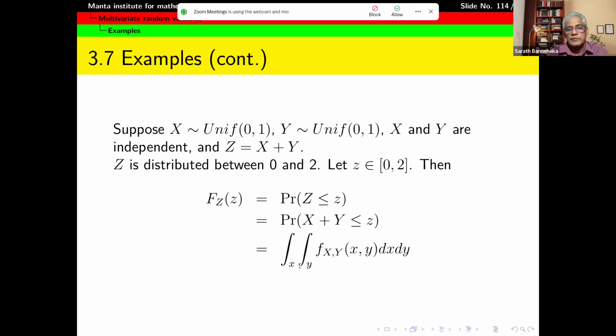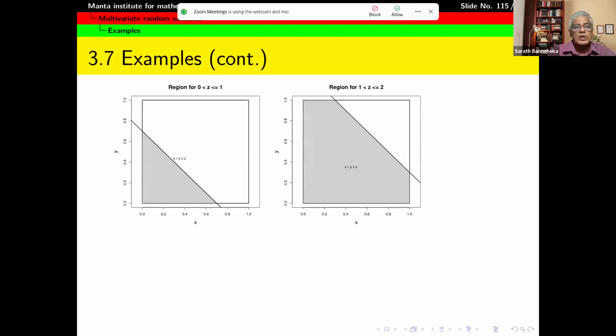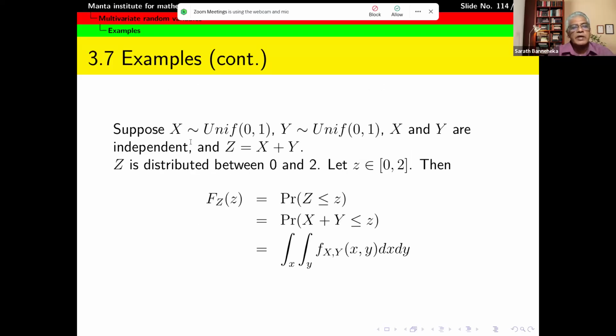Right? So in order to understand what that area should be, we should be integrating over a certain area here. So we will look at the support of the joint density, right? The joint density here will be equal to the product of individual densities because X and Y are independent. So if the density of X is 1 in the interval 0, 1, and the density of Y is also 1 in the interval 0, 1, then the product is also going to be 1 times 1.